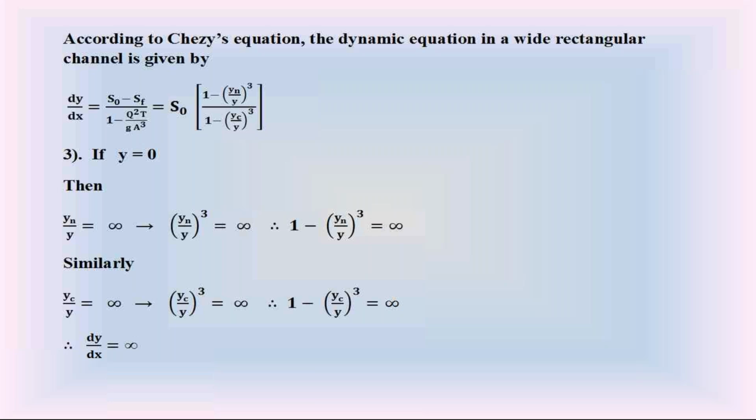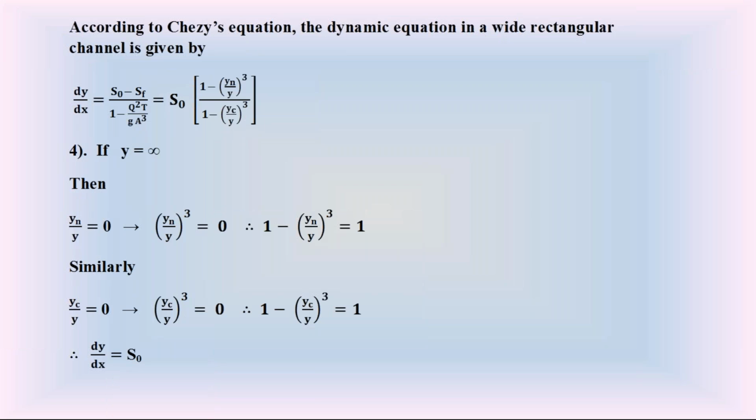And we also discussed dy by dx for y equal to yn is 0, dy by dx for y equal to yc is infinity, and dy by dx for y equal to 0 is also infinity. With this knowledge in mind, we are going to discuss the characteristics of water surface profiles in open channels.